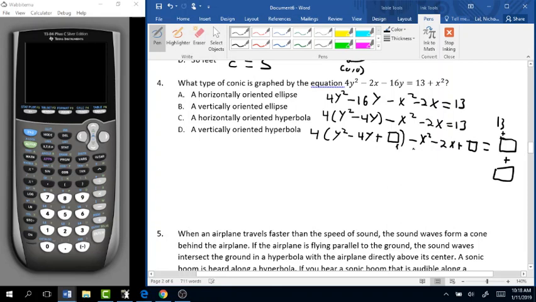So this is the complete the square term for y, and for x. The complete the square term for negative 4: negative 4 divided by 2 is negative 2. Negative 2 squared is 4. All right. Then negative 2 divided by 2 is negative 1. Negative 1 squared is 1.